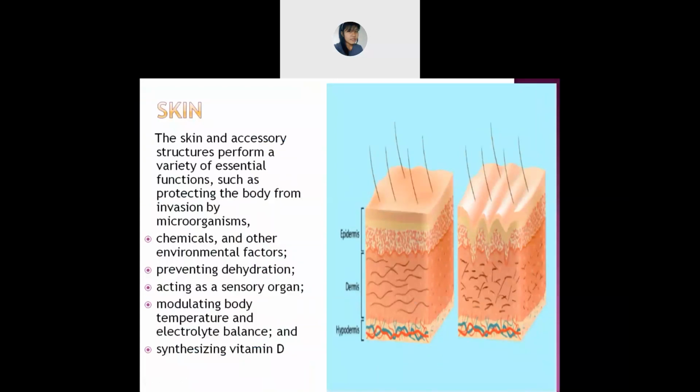The first point is chemicals and other environmental factors. Just for your understanding, I'll say air pollution, for example the dust, the petrol smoke and all those.